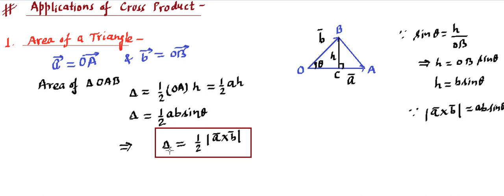That will give us the area of the triangle formed by vector A and vector B. So by calculating this cross product, we can find the area of any triangle formed by these two vectors A and B. Making sense? That becomes an important expression to be understood and remembered. Whenever vector A and vector B are given and you are asked for the area of a triangle formed by these two vectors, you simply go for the cross product, get the magnitude out of it and divide by 2.